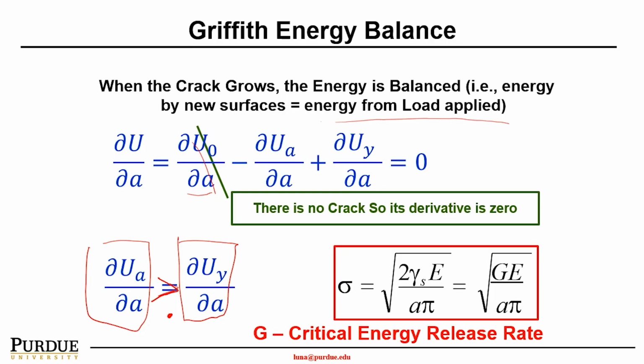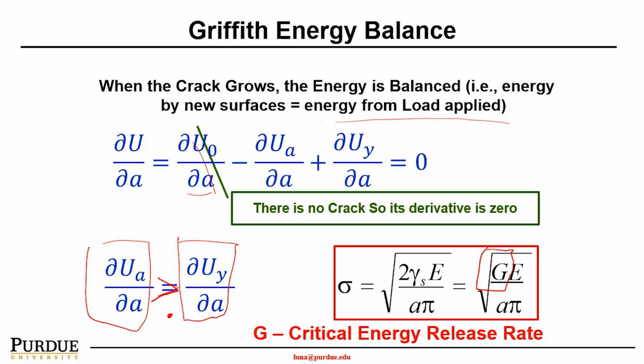Therefore, he rewrote this equation: the critical stress sigma should be equal to the square root of 2 gamma_s times E over pi A. And then he introduced the new concept, G, called the critical energy release rate. Basically, it's how quickly the energy can be released from the material.